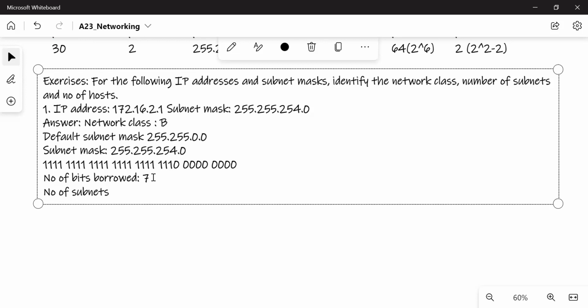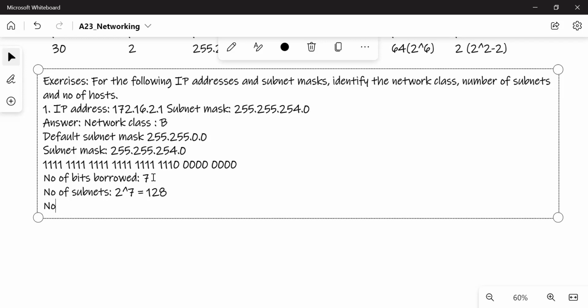It should be 2 to the power 7, so that means we have 128. So the answer is we have 128 subnets, which means 128 networks we are going to create.